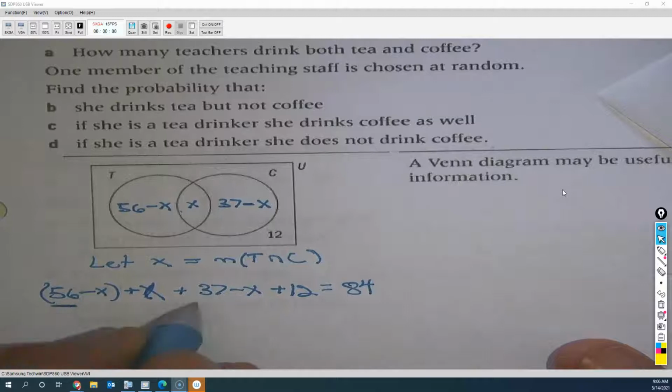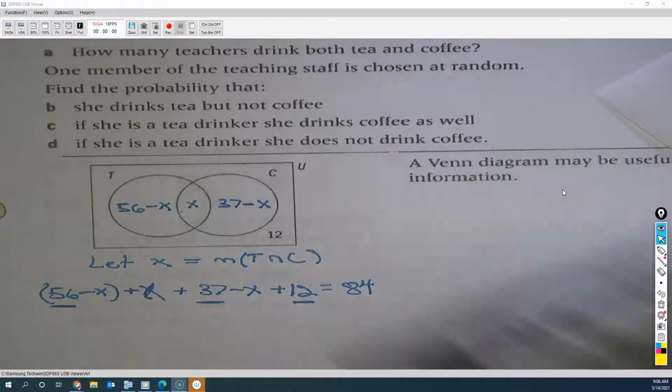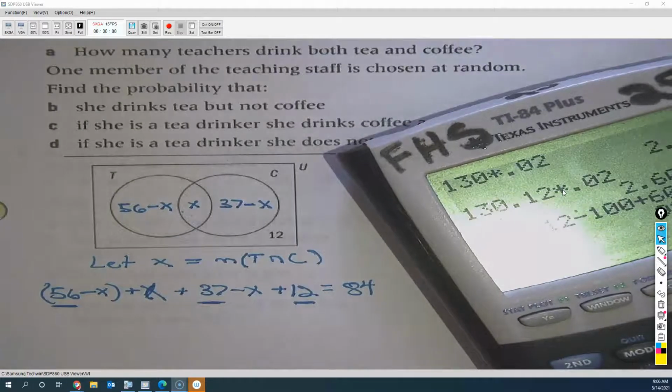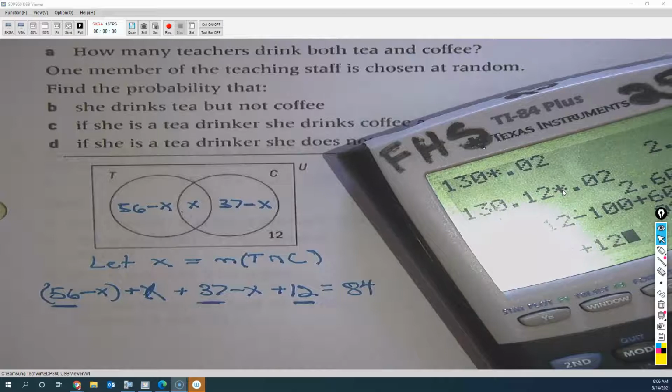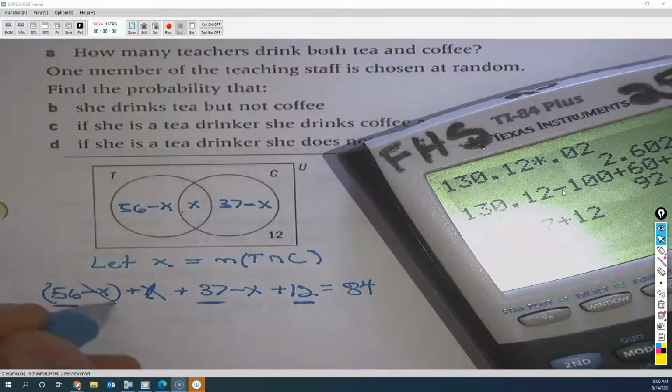So I got 56 plus 37 plus 12, it's 105. And then these X's cancel.